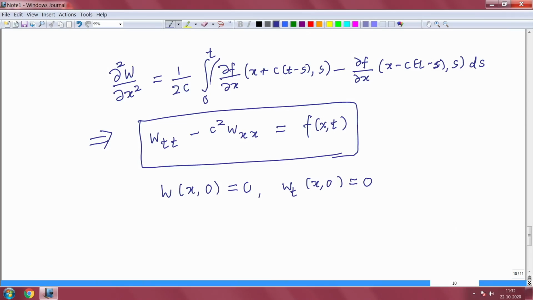So if you look at the verification, what we require on the inhomogeneous term, these are conditions on f and its first derivative with respect to x, are continuous functions of x and t.